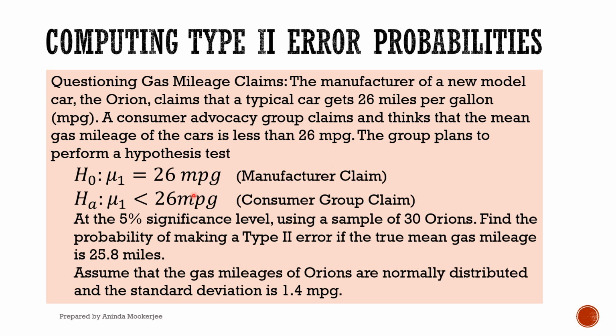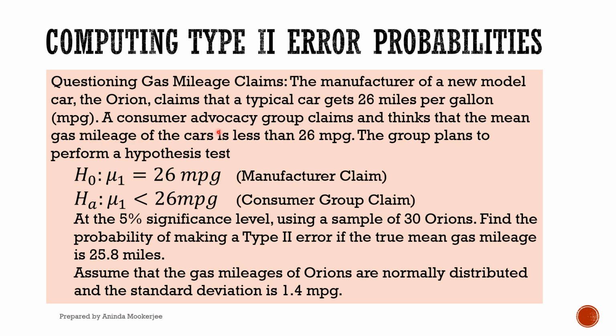So this is the example problem that we are going to use to compute the type 2 error probabilities. Let's read through this and understand what the problem is about and what data has been provided to us. It says here it's questioning the gas mileage claims. The manufacturer of a new model car, the Orion, claims that a typical car gets 26 miles per gallon, MPG.